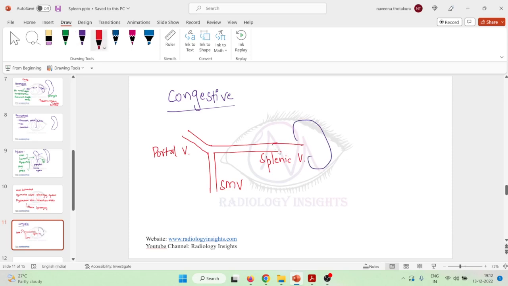One important thing is whenever there is congestion, one example is hepatic cirrhosis. Whenever there are cirrhotic changes in the liver, this will result in portal hypertension, that is, increased pressure in the portal vein.